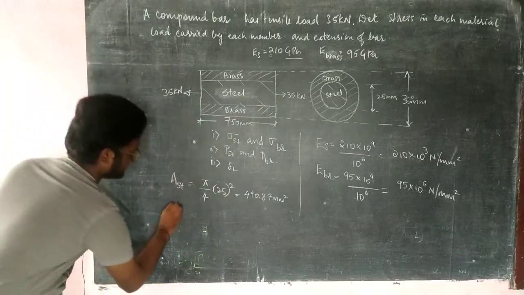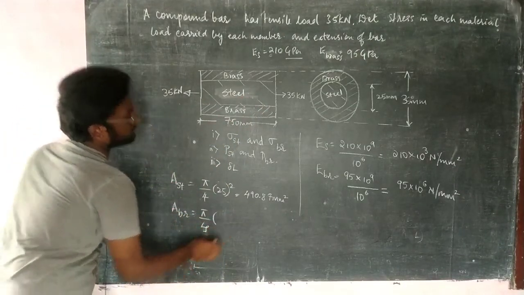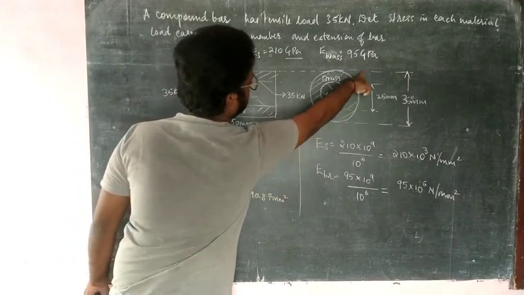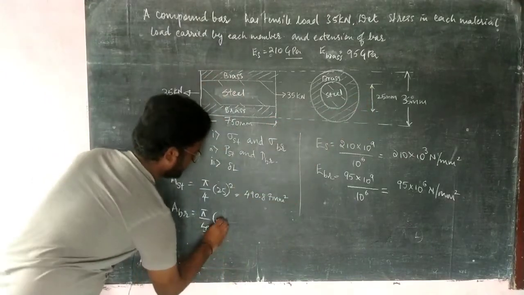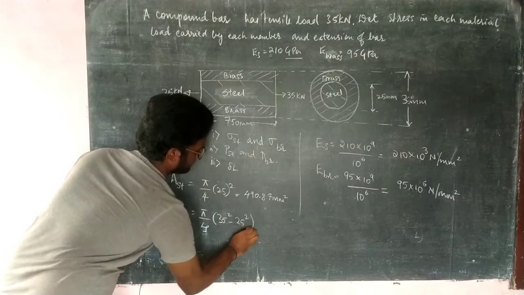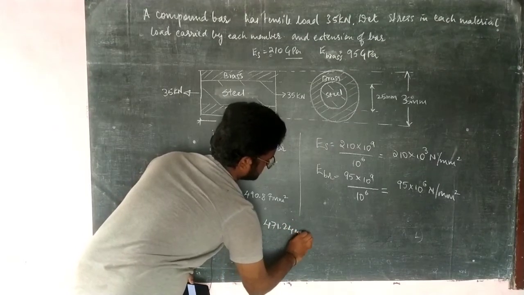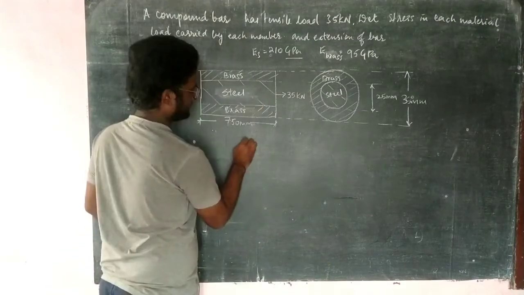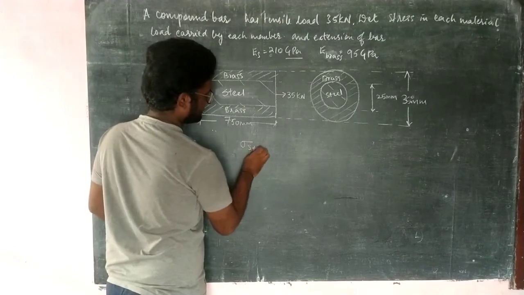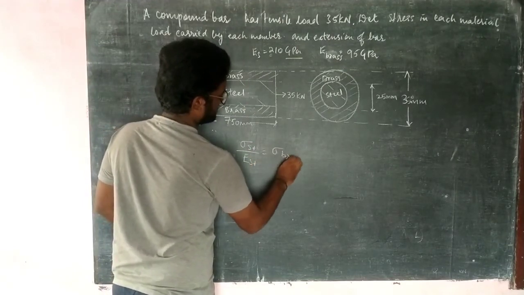Now for the brass, ABR is equal to pi by 4 into this square minus this square, that means 35 square minus 25 square, which is 471.24 mm square.